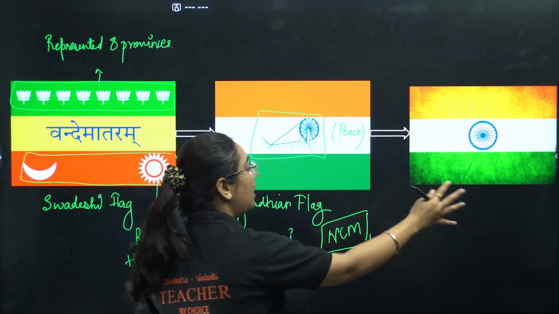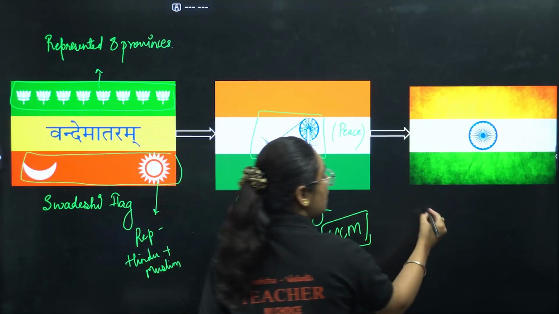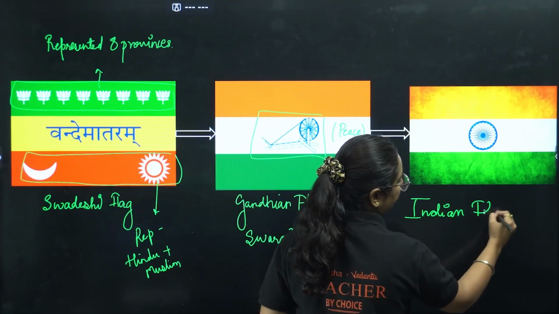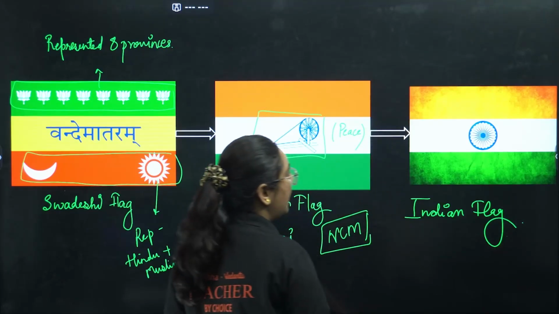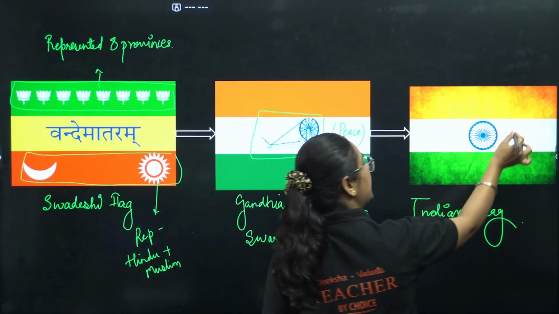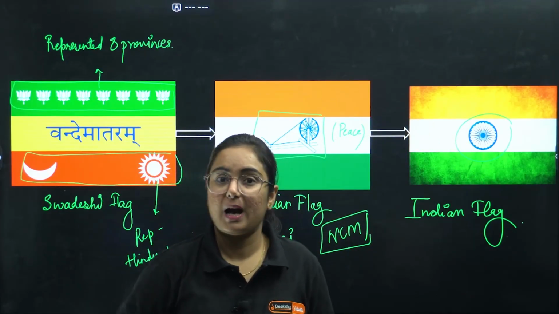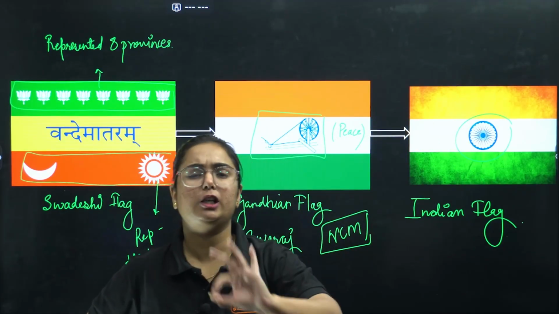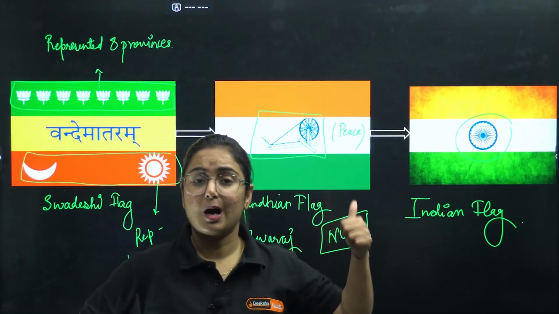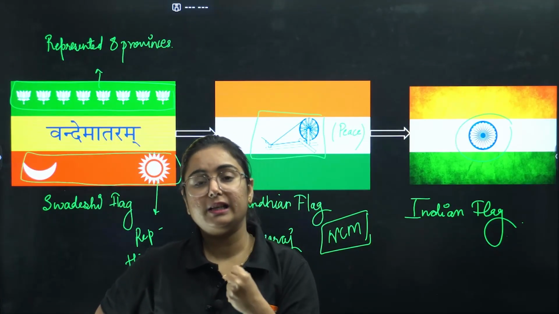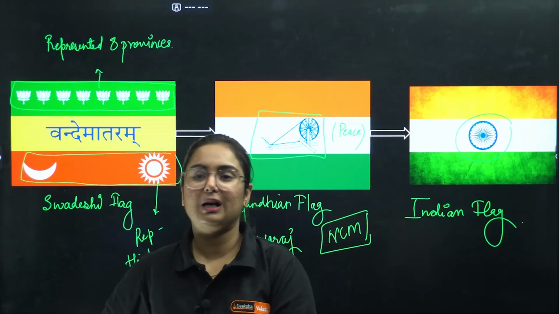And this is the third and the final flag, or we can say the Indian flag, in which the charkha was replaced by the Ashok Chakra. So this is the journey of the Indian flag, and this is how icons and symbols have a very good role in creating a sense of collective belonging among Indians.